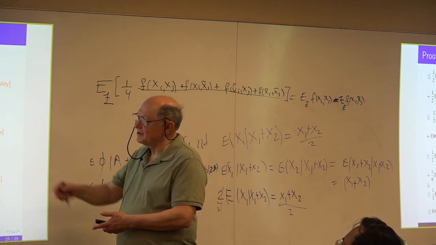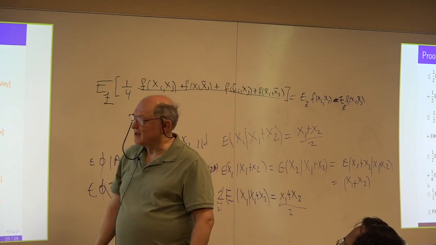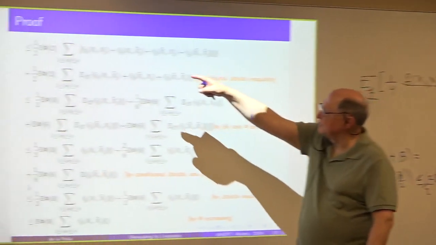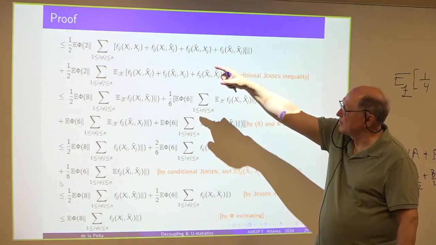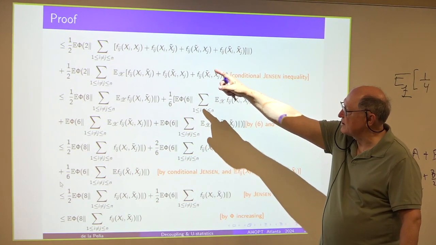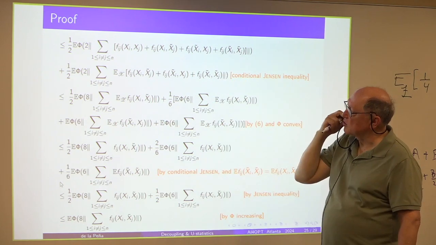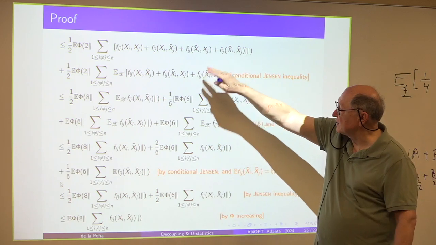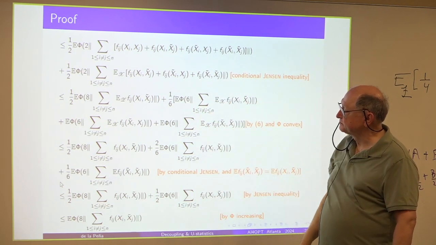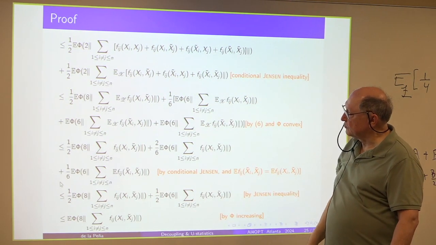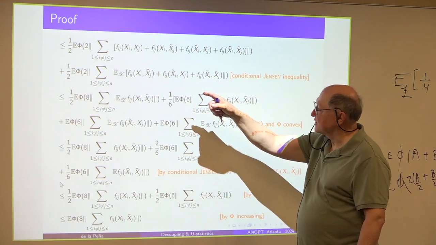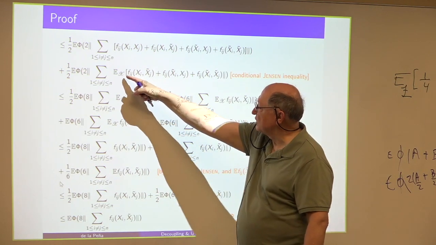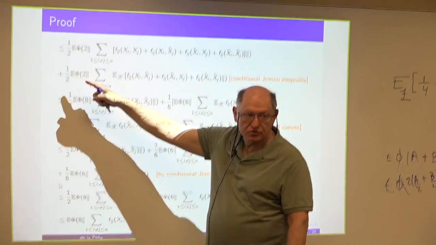Then there are a few more steps. So what we just did was this part. We started with expected phi of the sum of f of xij, and by using the convexity and conditional Jensen's, we ended up with this, where that is A and this is B. Then we know that this expectation, by using Jensen's inequality, I can take this expectation outside, conditional Jensen's.